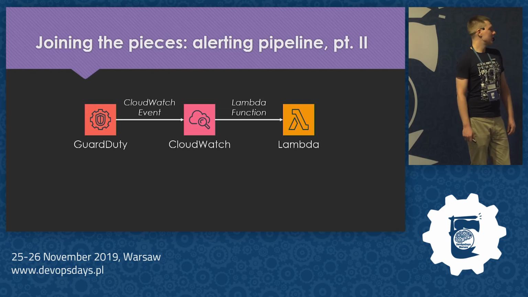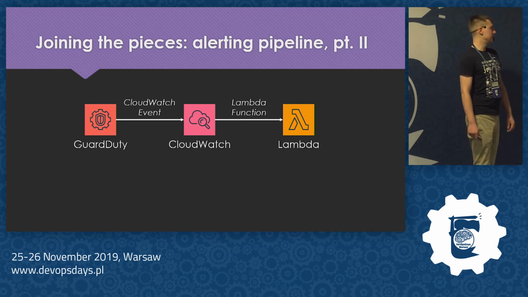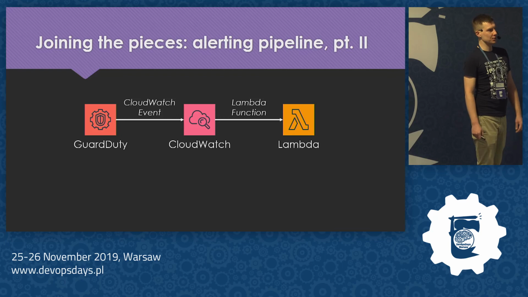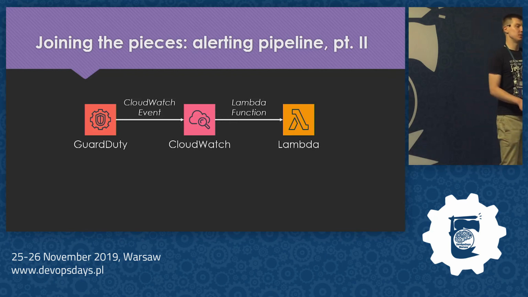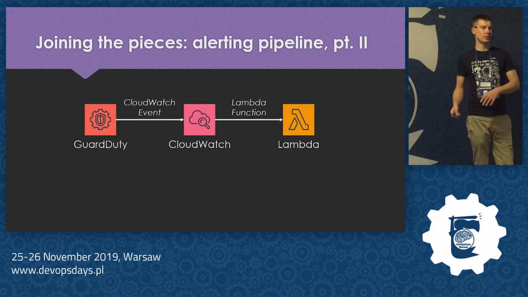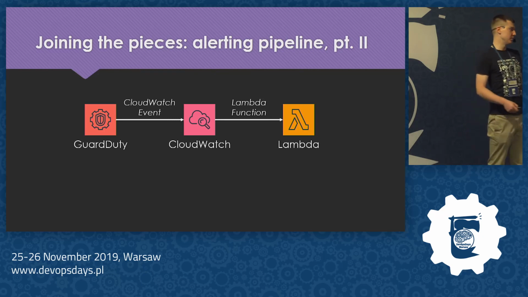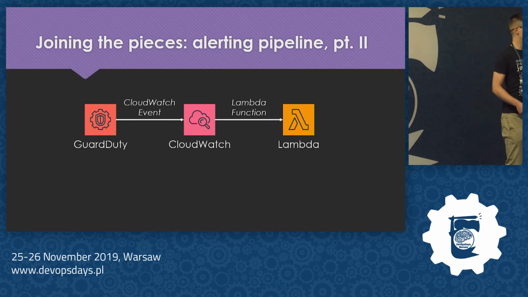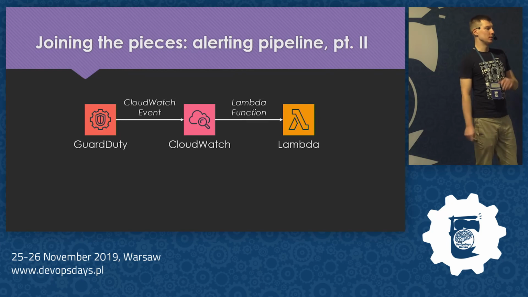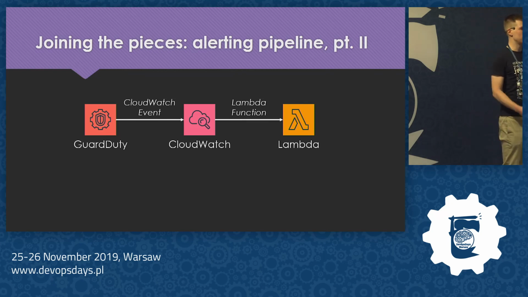What we can do, we can get this alert in the CloudWatch and then have a Lambda function that will take a snapshot of this EC2 instance, freeze it, get a new one from a clean image, and boot this one instead of this compromised one, and leave this compromised one, the frozen snapshot, for forensic analysis.